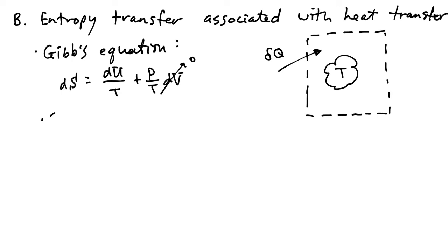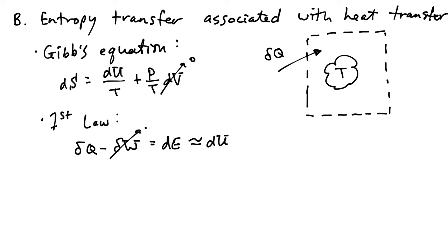Then we need to use the first law in order to figure out what dU is, and we just get delta Q minus delta W is equal to dE. If we can neglect the effects of changes in kinetic and potential energy, the dE is equal to dU. We've stated previously that we're going to look only at heat transfer and not look at the impact of work, so we'll cross that one off. And we just end up with delta Q equaling dU.